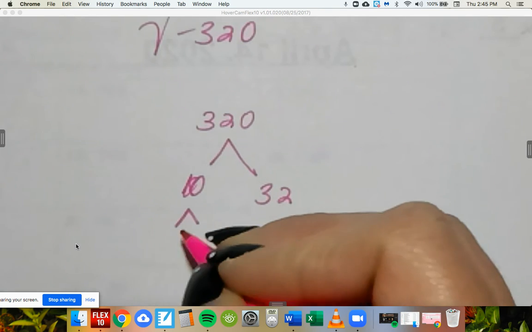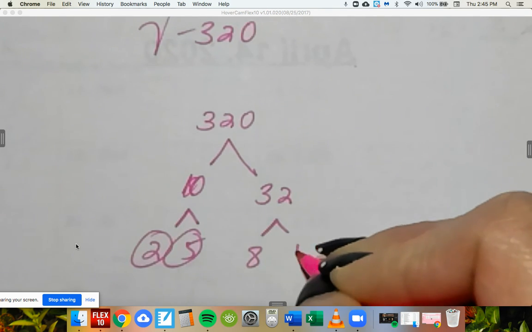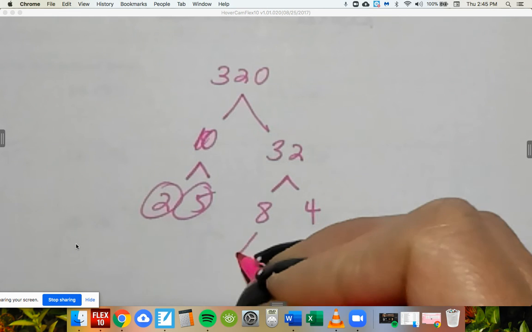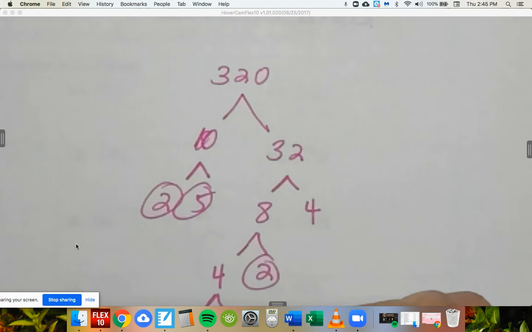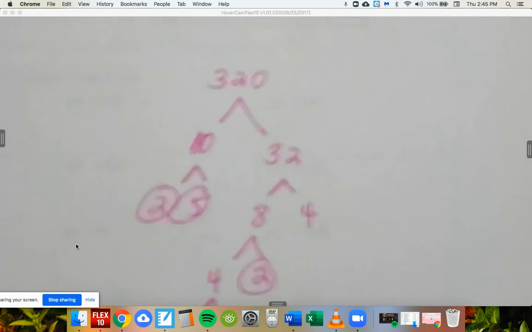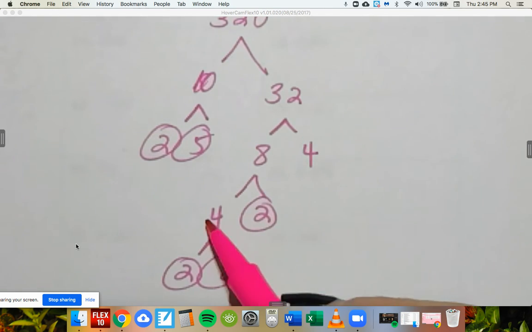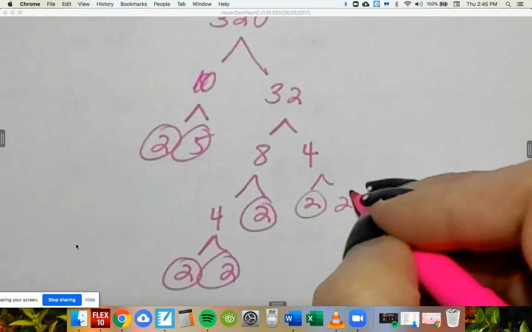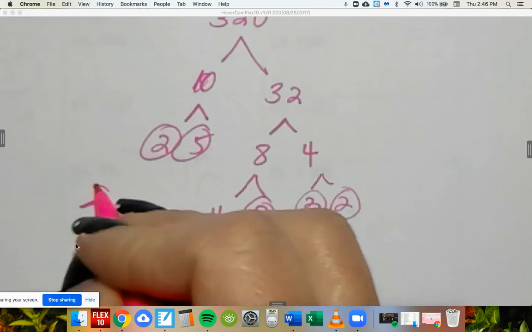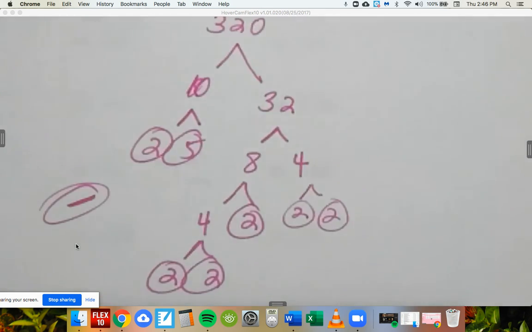And that is a 2 and a 5. 32, 8 and 4. 4 and 2. 2 and 2. Okay, so I took the 8 into a 4 and 2 and the 4 into a 2 and 2. This 4 becomes 2 and 2. And I can't forget, there's really a negative sitting out there because it was really a negative 320.